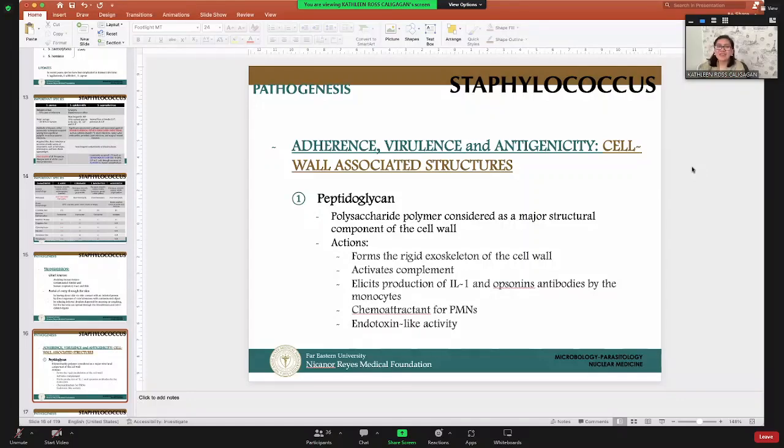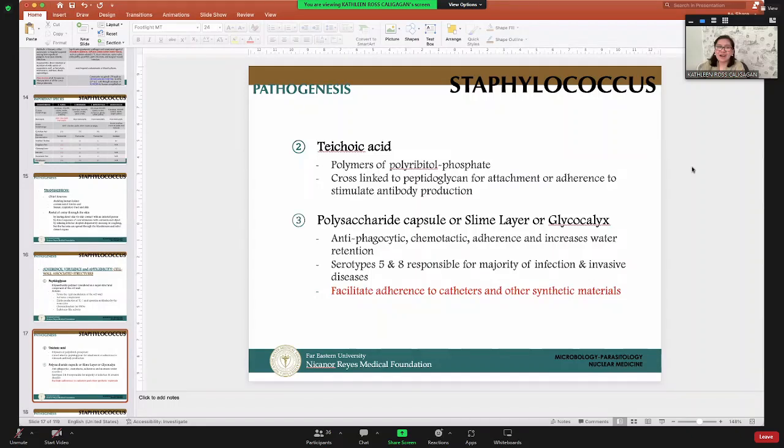Then you have the teichoic acid, also has a role in attachment and adherence. And this one, the polysaccharide capsule or slime layer or glycocalyx, has an anti-phagocytic effect, chemotactic adherence, and increases water retention. Serotypes 5 and 8 are mainly responsible for the majority of infection and invasive diseases.